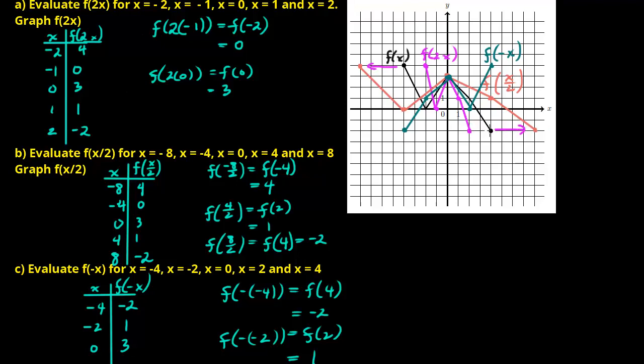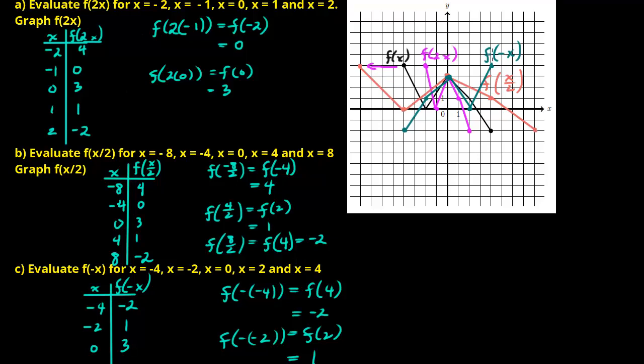The distance between this point and the y-axis is 4 units. I have an additional 4 units between f of x over 2 and the y-axis as well. So when we graph f of x over 2, we get a horizontal stretch by a factor of 2.